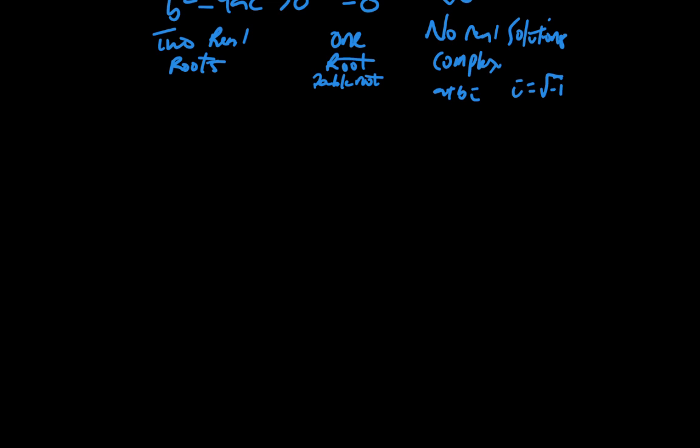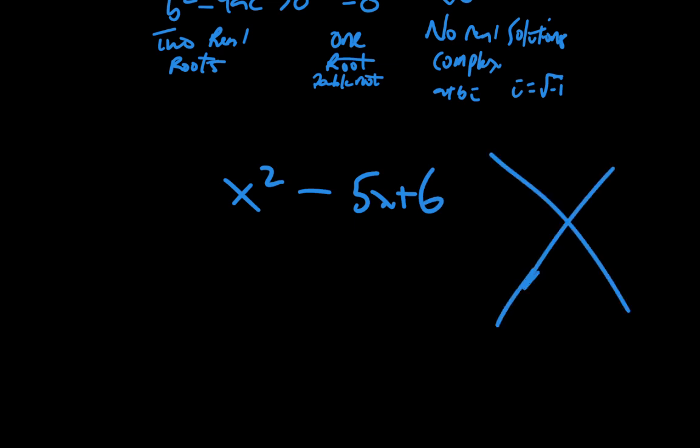Sometimes the quadratic equation is overkill. It will give the right answer, but sometimes there are just easier methods. One common method is just to factor it. I'm not going to spend a lot of time with factoring, but when I was in school, I learned this diamond method.